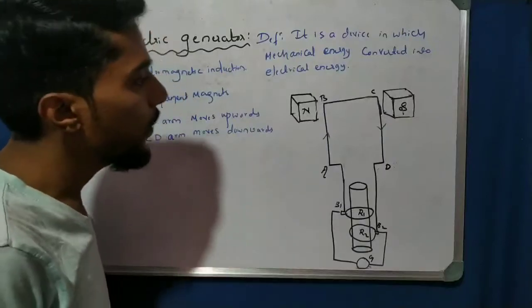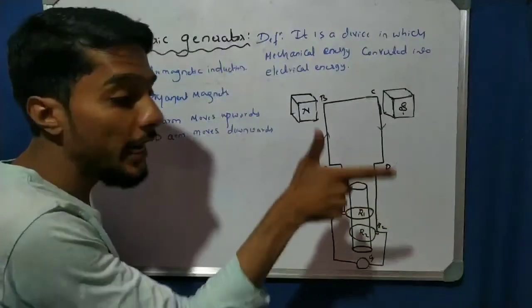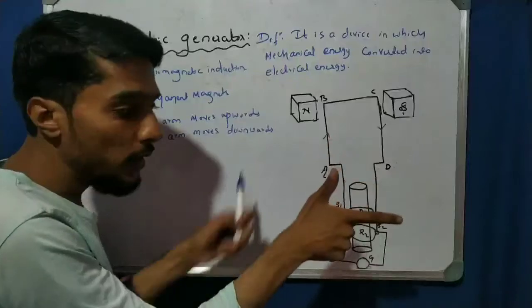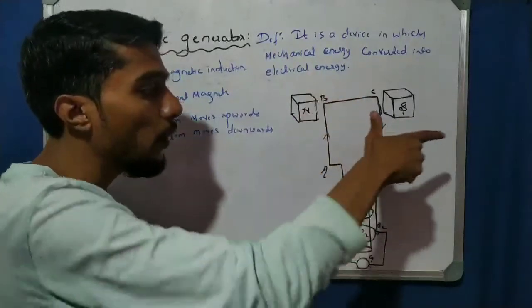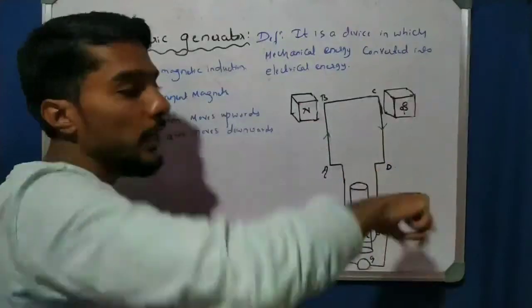So we observe, by the Fleming right hand rule, that when AB moves upward, the inward current is A to B, and when CD moves downward, the current is in the outward direction.